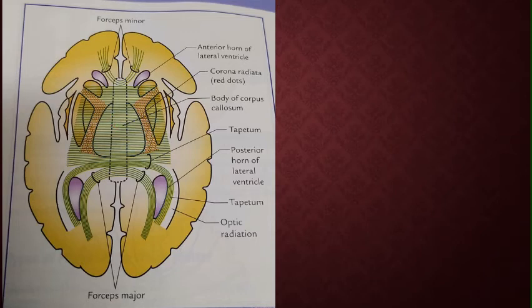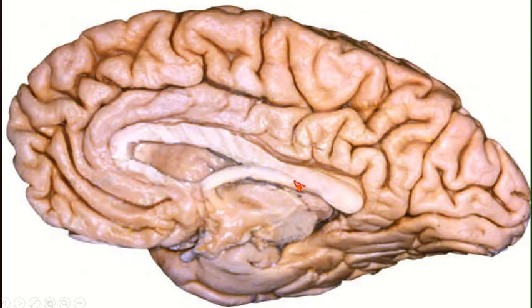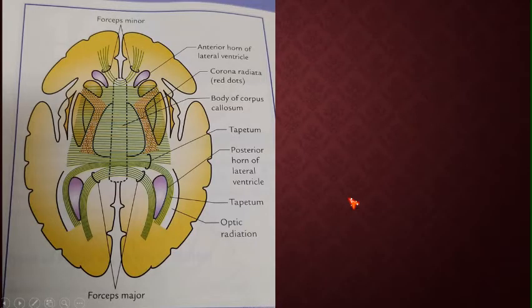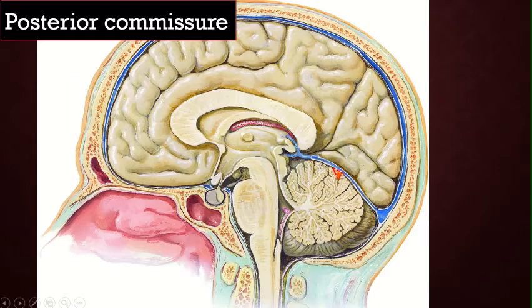Then the splenium is a massive posterior extremity of the corpus callosum. This is the massive posterior end. It lies 6 centimeters anterior to the occipital pole of the cerebral hemisphere, and it overhangs the thalamic pulvinar and the pineal gland. So here you can see, I will show you this.